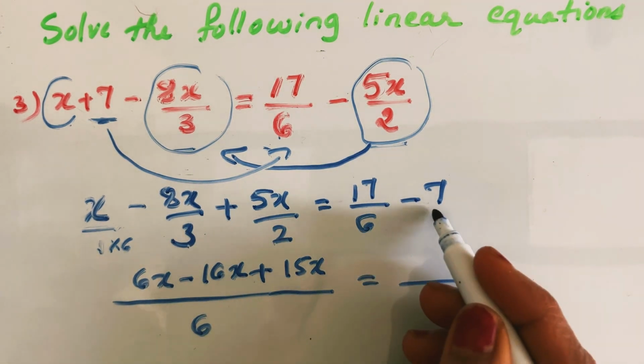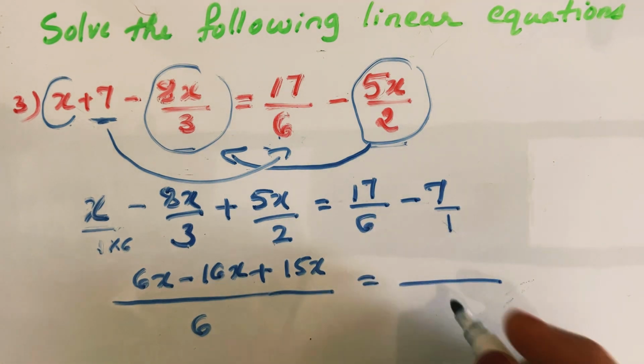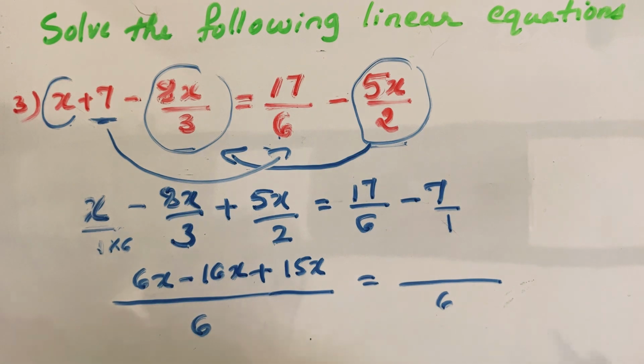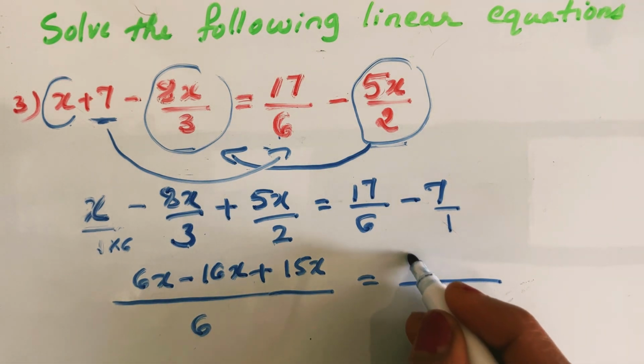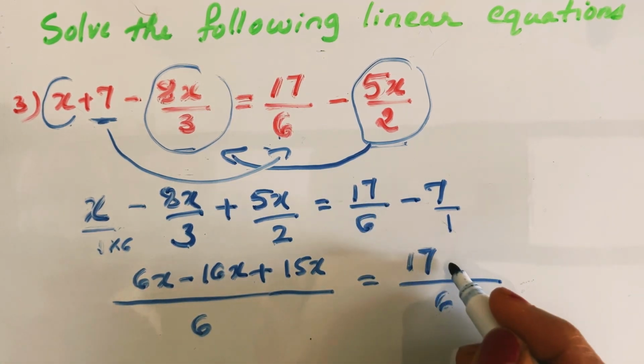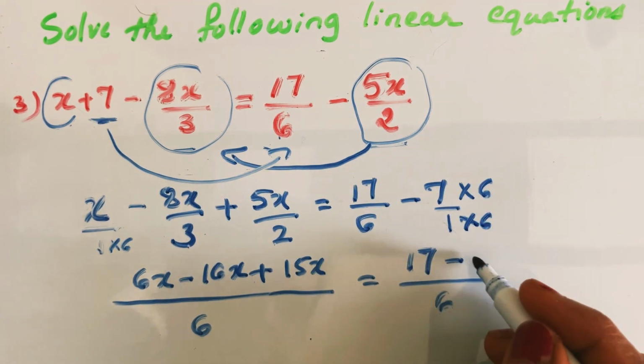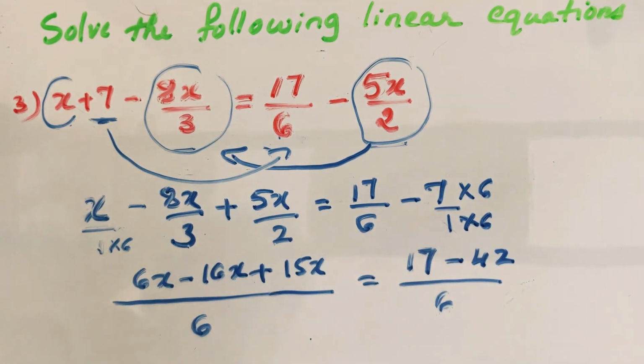Here also 7, you can take as 7 over 1. So 6 and 1, LCM is again 6. 17, since 6 is already there, 6 times 1, 17 times 1. So 17, minus 1 times 6, 7 times 6, 42.